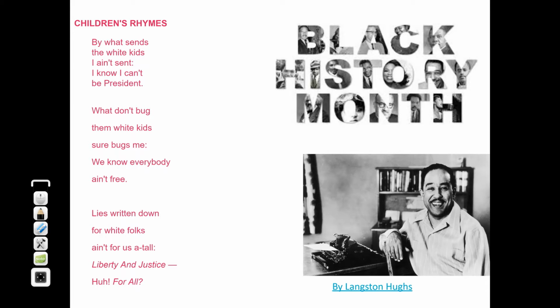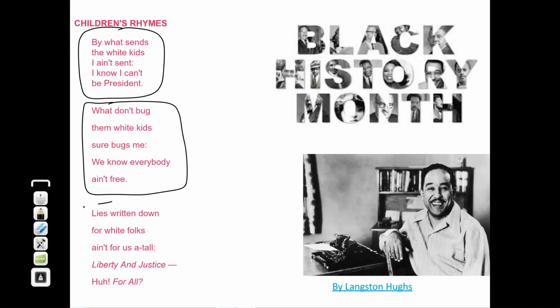Here's an example. This is Children's Rhymes by Langston Hughes, and I chose this poem because it was in support of Black History Month. You can clearly see that it is broken down into what looks like paragraphs or sections, but those are not paragraphs, those are stanzas. This is a stanza, this is a stanza, and this is a stanza.